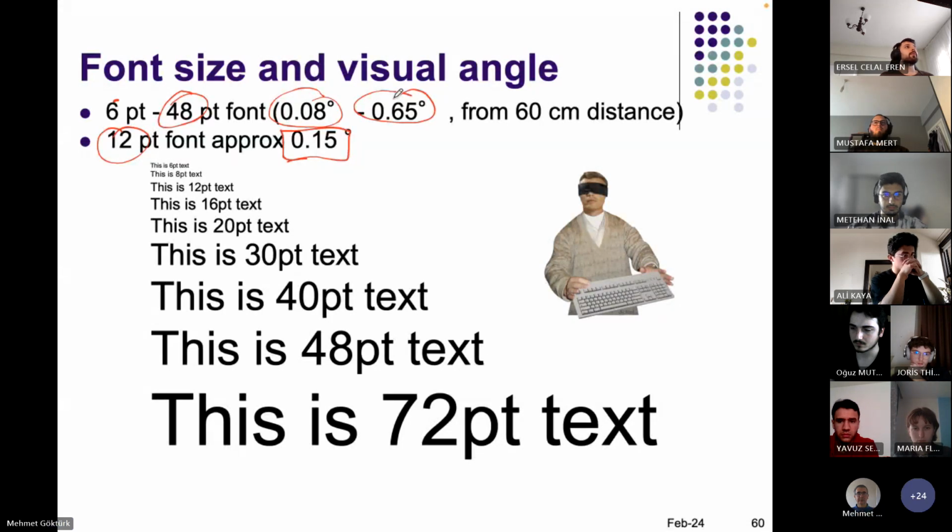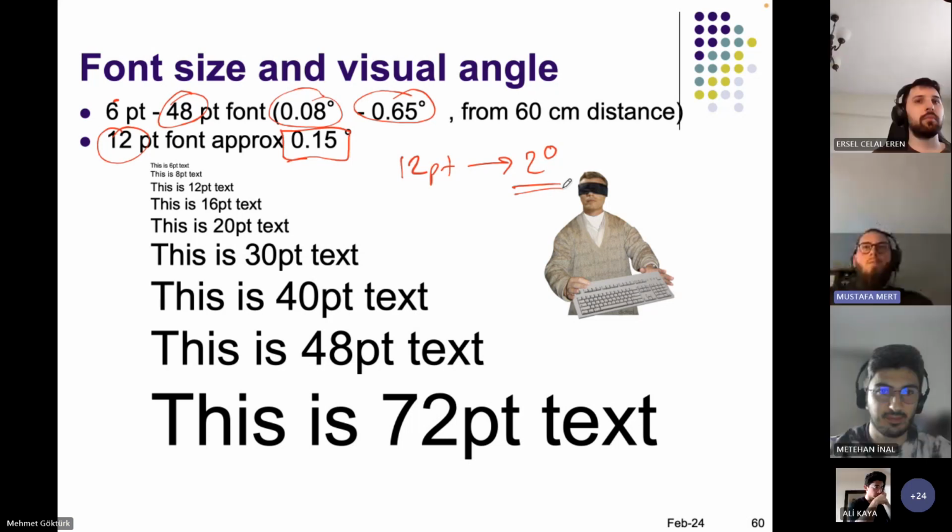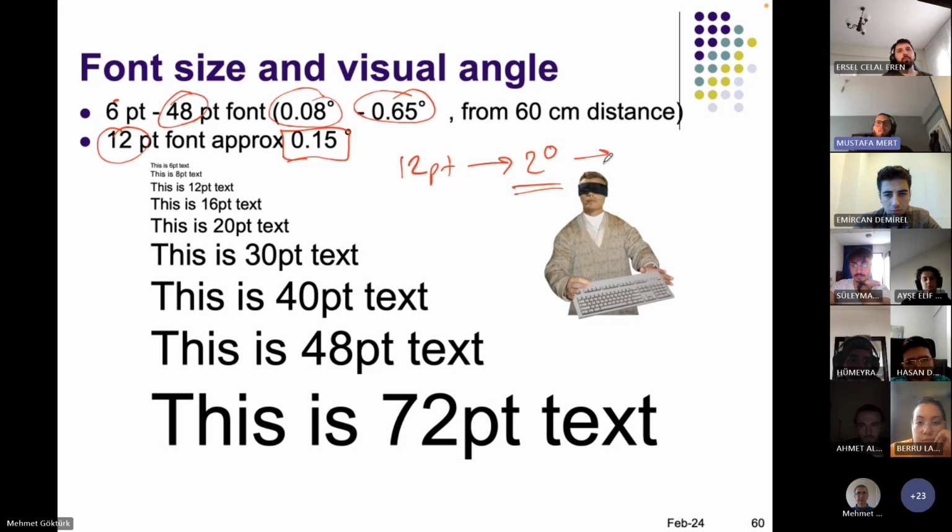So with the 12-point font, how many letters we can fit to 2 degrees? You tell me. The answer is, yes Mustafa. It's about how far we are or how big is the writing.